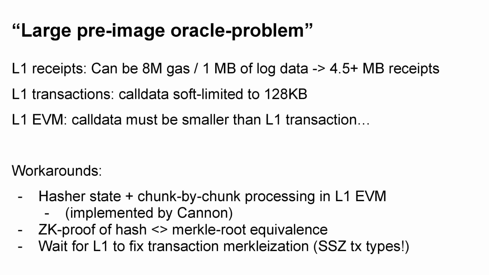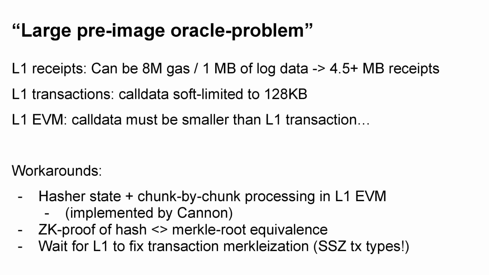Okay, last but not least, the large preimage oracle problem. There's this condition where if you have this preimage oracle, you need to load things into the oracle. Loading things into the oracle can be quite complicated when the thing that you're trying to load is larger than the capacity of the environment you're trying to load it into. And so layer 1 can have huge receipts, can have huge transactions, and these can be larger than layer 1 itself can ingest.